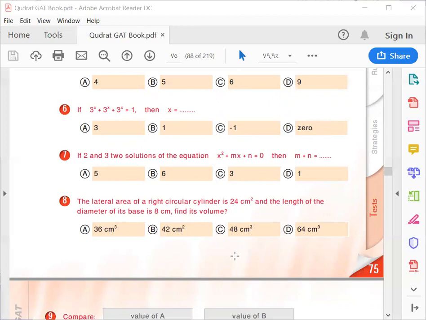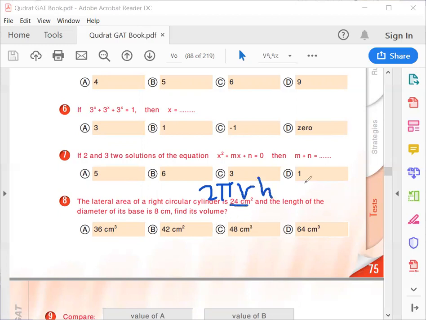Now, what is the lateral area? The formula we can write is 2 pi RH. Look, 2 pi RH.